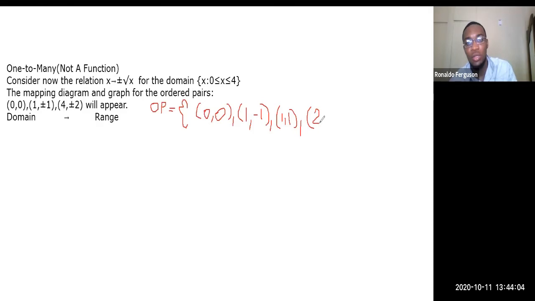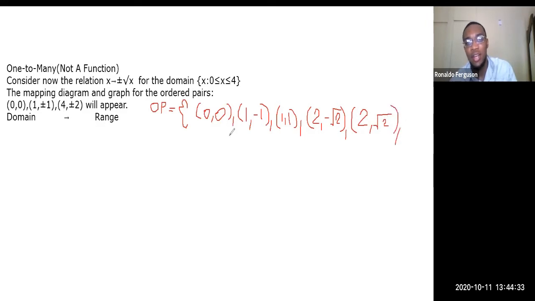When x is 2, then the result we're going to get is minus the square root of 2 and plus the square root of 2. So we get 2, comma, minus the square root of 2. That's one ordered pair. And then we get 2, comma, plus the square root of 2.